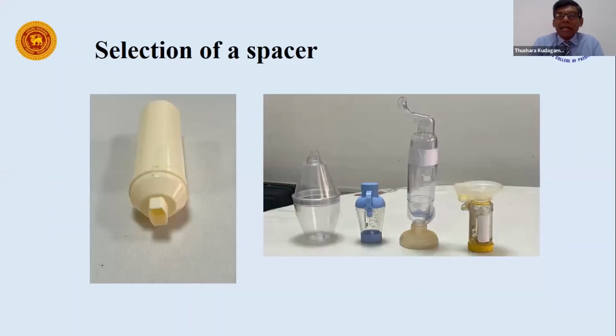Now, in a practical sense, you will be bombarded with so many different types of spacer devices. Now, how to select a spacer? On the left-hand corner, you see a spacer without a valve, and all the others are different types of spacers. You can see some of them have a face mask and others do not, and they have different sizes and shapes.